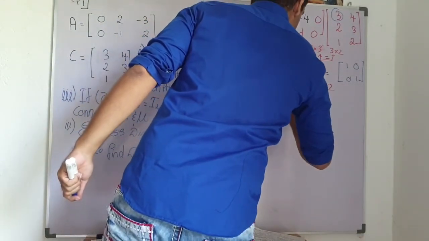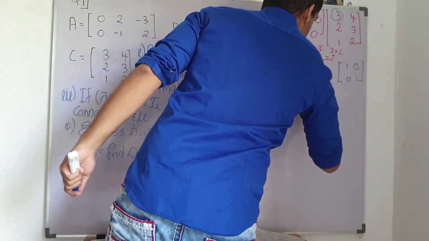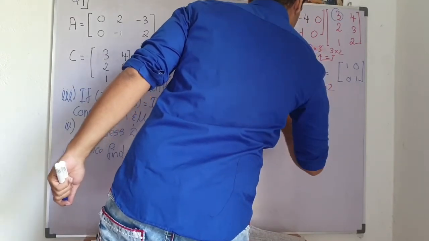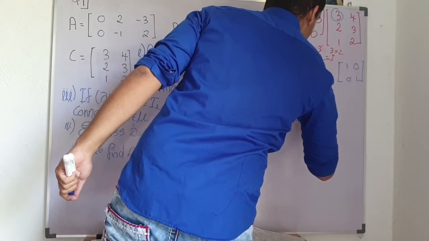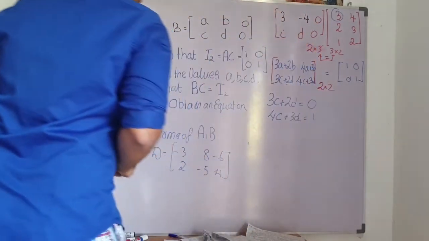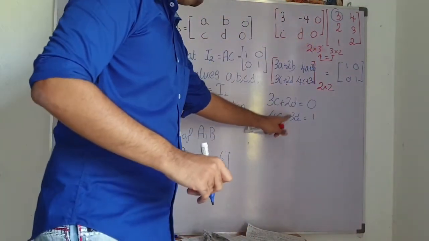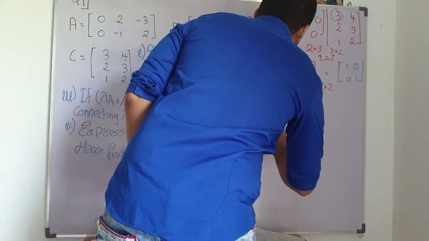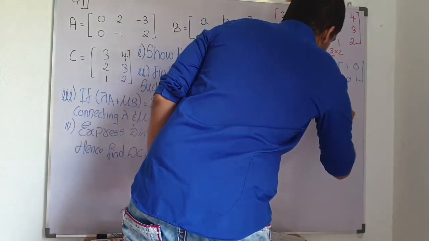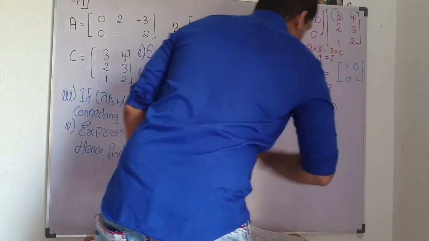3c plus 2d equals 0, whereas 4c plus 3d equals 1. Now you've got to select the 2d and 3d and make it the same way which we did. So this is equation 1, this is equation 2.